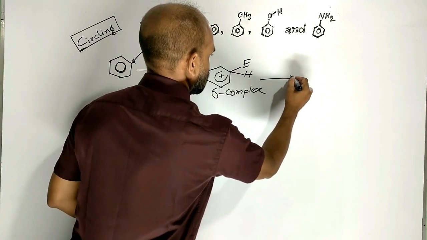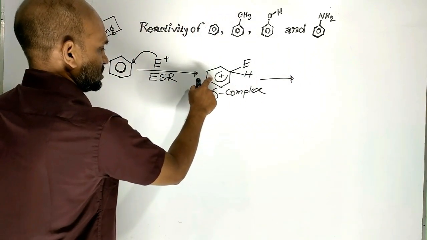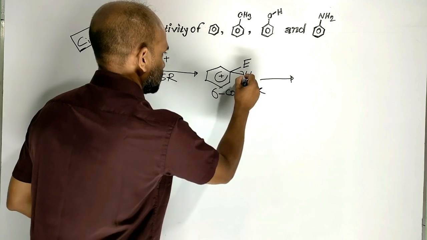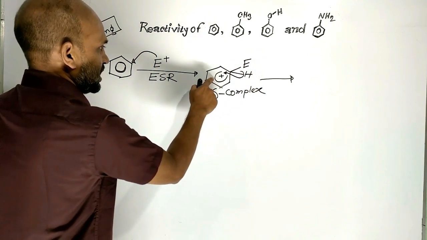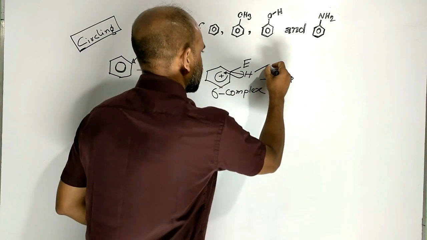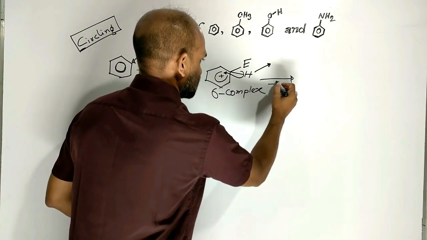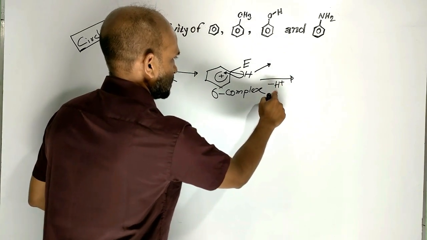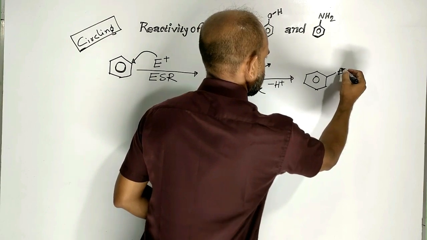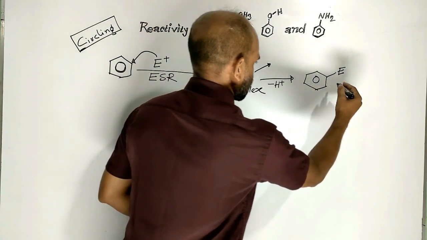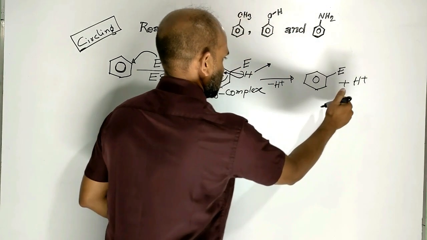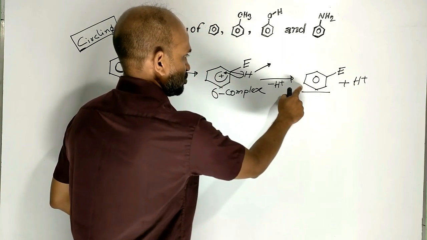Then, because of this positive charge inside the benzene ring, covalently bonded electrons of carbon and hydrogen move here to vanish this positive charge present in the benzene ring, and in this way this hydrogen gets free as electrophile proton, and finally the electrophilic substitution product is obtained.